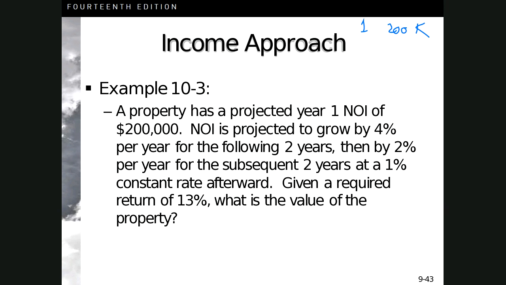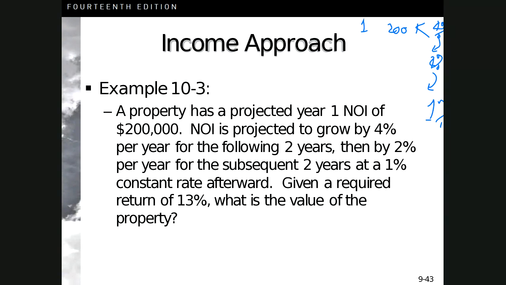Net operating income is projected to grow by 4% per year for the following 2 years, then by 2% per year for the subsequent 2 years, at a 1% constant rate afterwards. Then given a required rate of 13%, what is the value of the property?